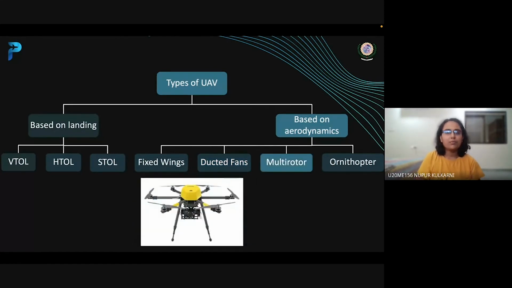Then we have multi-rotors, like drones. Drones come under the multi-rotor section. In this, the propellers, also known as rotors, are the most important part because they generate the lift because of which our aircraft is going to perform its tasks.